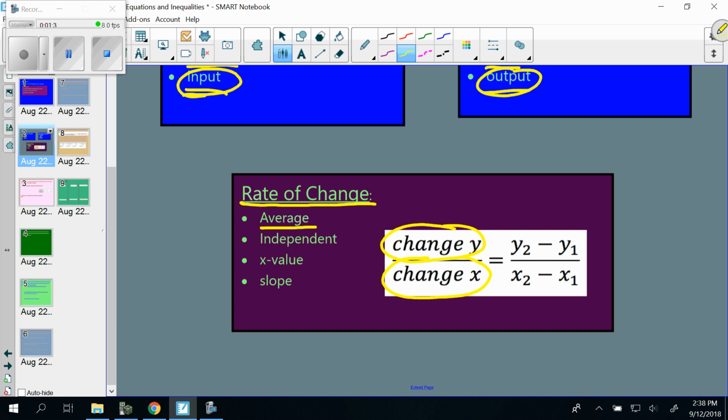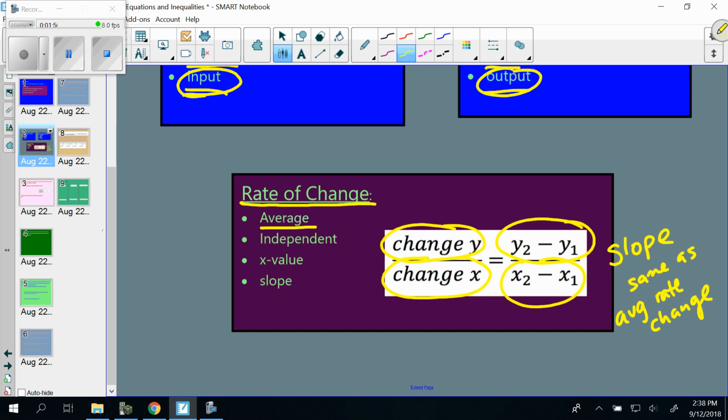If you have 2 points, then that's your difference in y's over your difference in x's. Okay, and a lot of you should recognize this. That's your slope formula, because slope is the same as average rate of change. So anytime you hear the term average rate of change, that's the same as slope.